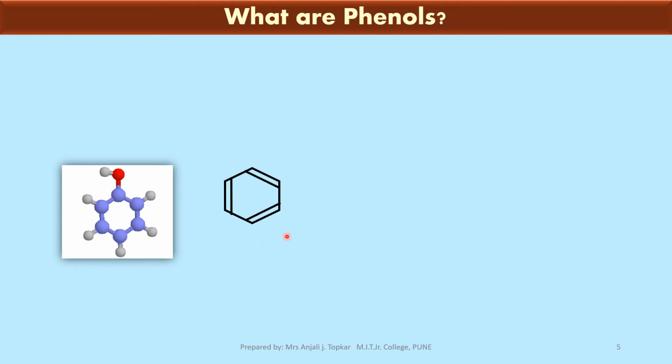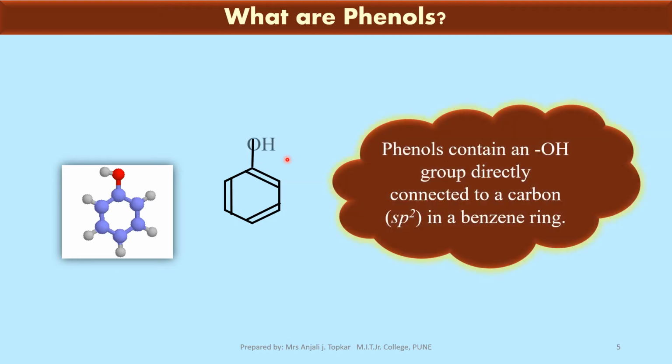For better understanding, we can see here it is a benzene ring. To this benzene ring, one bond is seen wherein the OH group is directly attached to the benzene ring. This is phenol. Phenols contain an OH group directly connected to a carbon atom which is sp2 hybridized in a benzene ring.